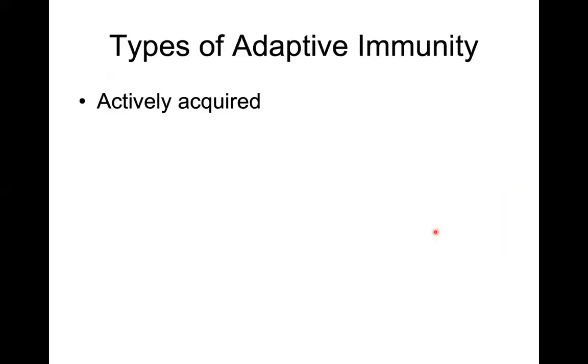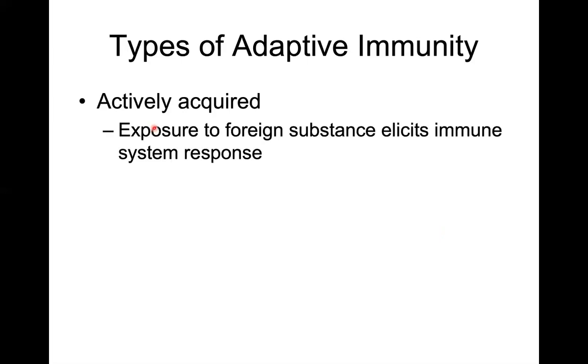So there's different types of adaptive immunity. There's what we call actively acquired adaptive immunity. Actively acquired adaptive immunity is where you get exposed to a foreign substance, and this results in the stimulation of an immune response, right?